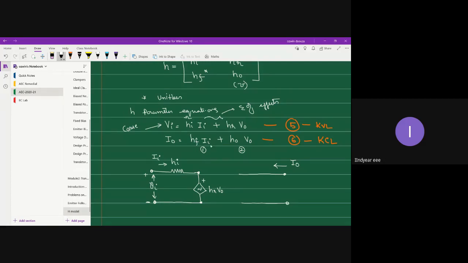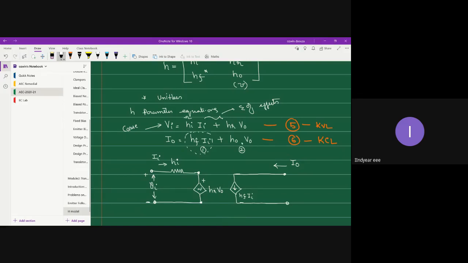So this represents a controlled current source. So we'll mark the controlled current source, and that is HF into II.